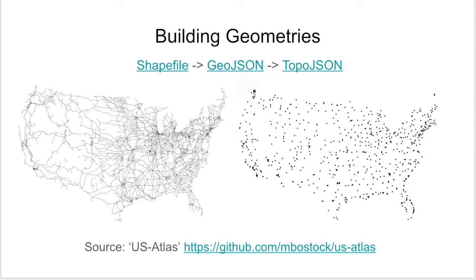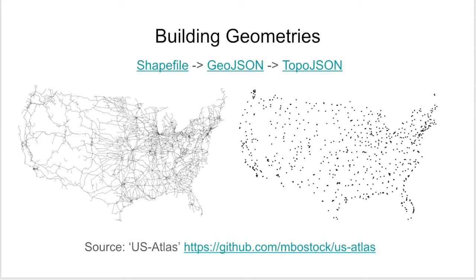There's this project by the creator of D3. How many here know D3, have used it? Just a few, okay, good amount. So Mike Bostock created this U.S. Atlas, among many other things. It's just a GitHub repo you can pull down and run some shell scripts.